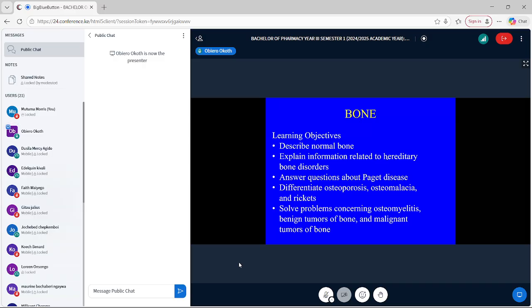And on top of that, we still have bone infections, so osteomyelitis. We have benign bone disorders, and then you have malignant tumors of the bone. Of the malignant tumors of the bone, only one gives us problem. Most of the malignant bone tumors are metastatic lesions. Only one we think you need to know of a malignant bone tumor you're going to meet, and you're going to give those patients chemotherapy.